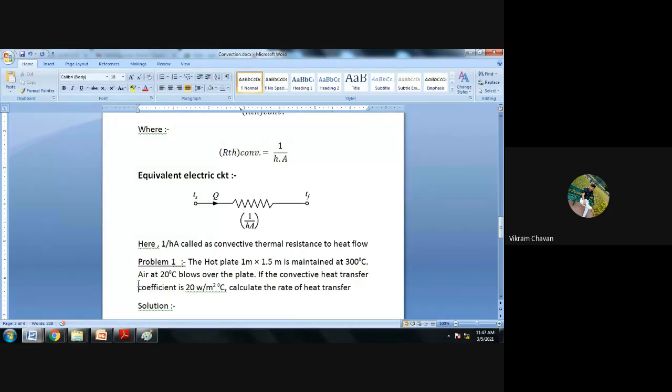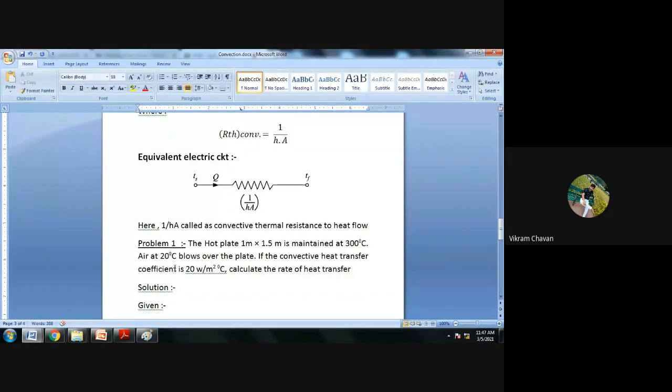Now further, we have to note down the given data. What is provided in the problem? First, the area of the plate is provided: 1 meter by 1.5 meter. Then the plate temperature, that is the surface temperature, is provided as 300 degrees Celsius.